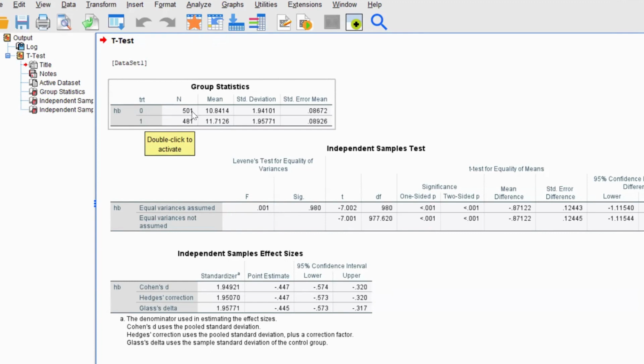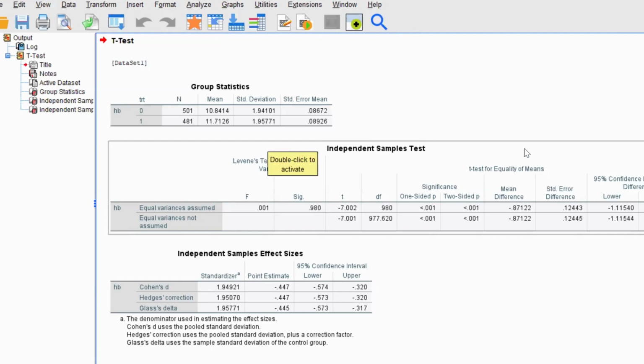The mean hemoglobin level for those who did not receive the iron supplements was 10.84, while that of the group that received iron supplements was 11.71. Then I did the independent sample t-test.